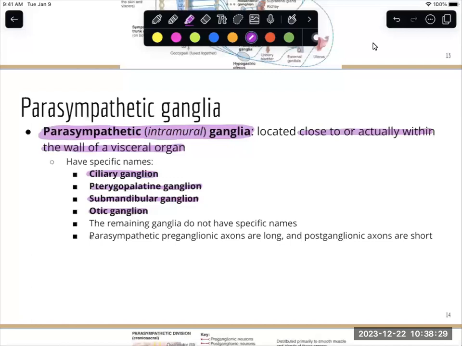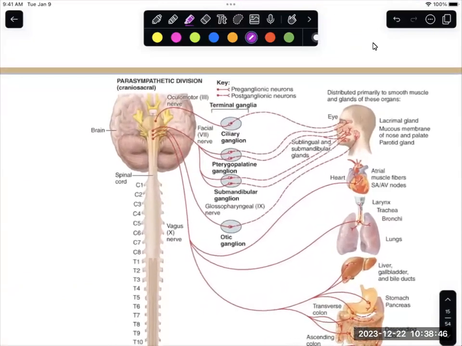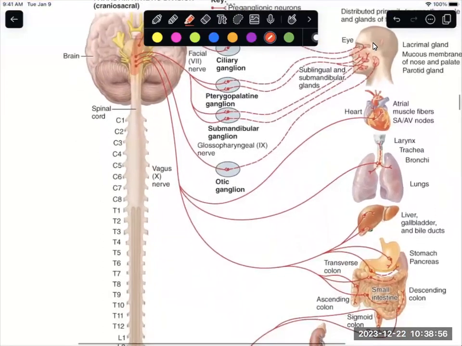The parasympathetic preganglionic axons are a lot longer. Those postganglionic axons are short because the ganglia that they are going to is right next to or in the wall of their effector organ. So here, that parasympathetic is that craniosacral. So you can see these are coming out on some of these cranial nerves, and they are going down to their specific effector.